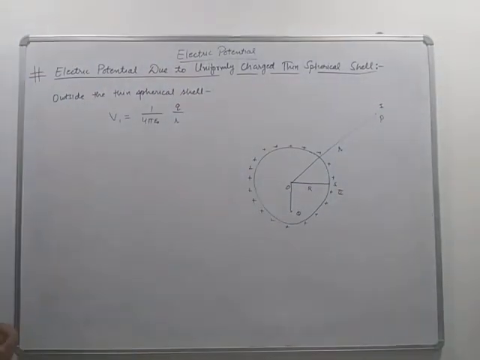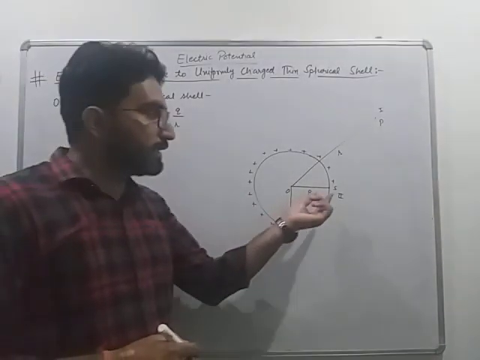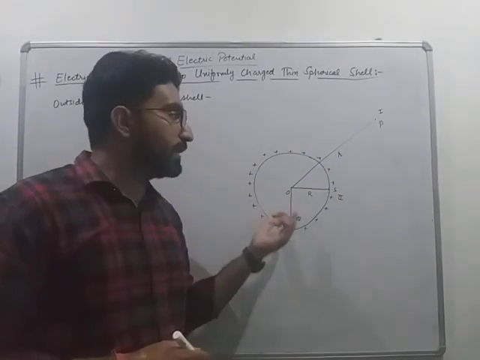Second, we will find the electric potential at point S, which is at the surface of the thin spherical shell.